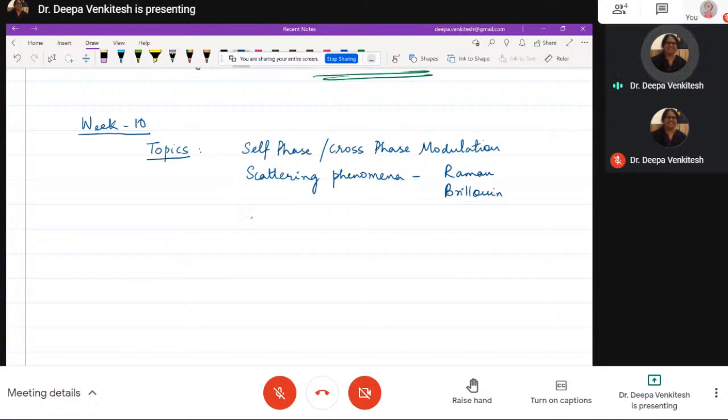And after that, we discussed the working principle of some of the commonly used components which are used to build the fiber optic network. So we are slowly moving into the networks, and the components we discussed: variable attenuator, how a polarizer works, and how polarization controllers work.